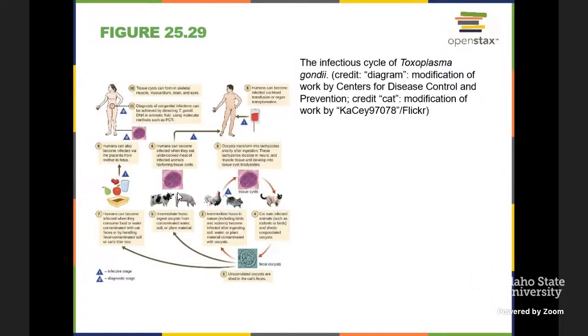We can get it other ways. Poorly cooked meat where the cysts are in the musculature. It's been observed to be transmitted through blood transfusions from an infected individual. All sorts of details. Coming in contact with cats sets the stage, right?